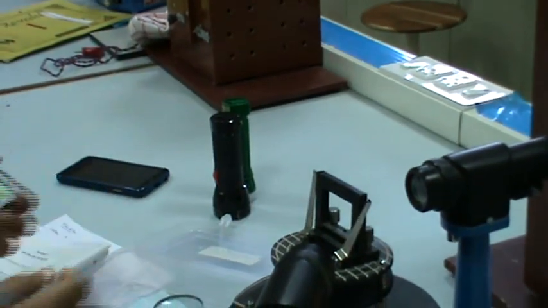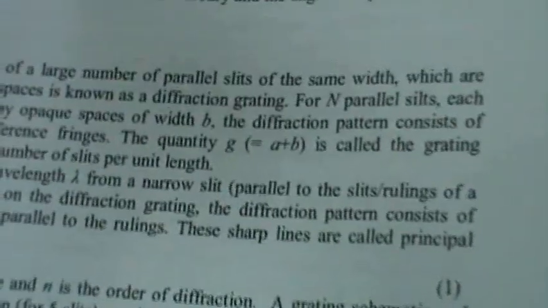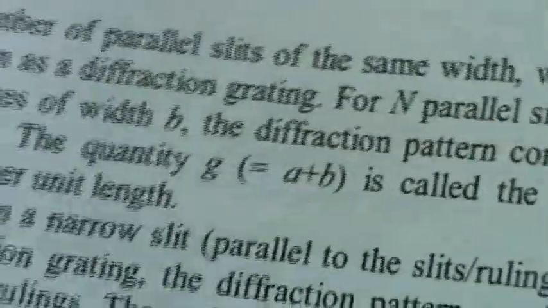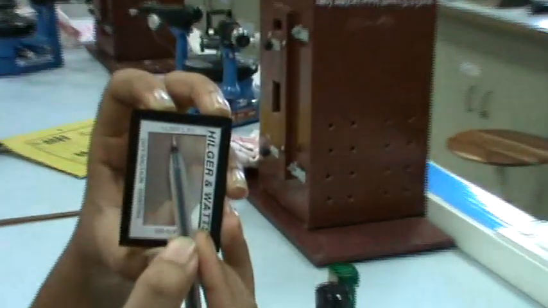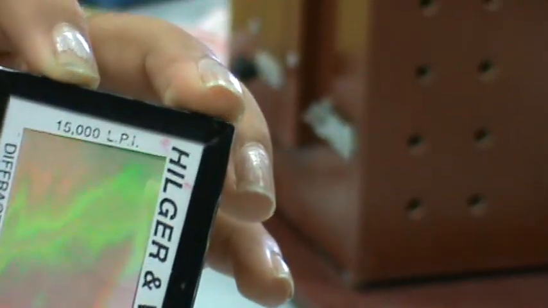Then the grating element is given by G equals A plus B. For the grating which we will be using, you can see over here it is mentioned 15,000 lines per inch. So our grating element will be this much, the formula is given in your manual. N equals 1 by G.